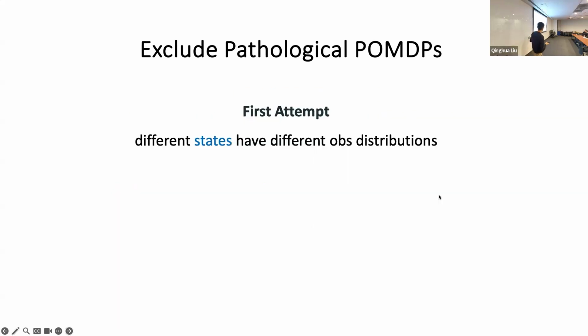So the natural idea is, how about we just throw away all those pathological POMDPs, and we only consider the remaining POMDPs. So in our first attempt, we only consider those POMDPs where different hidden states have different observation distributions.